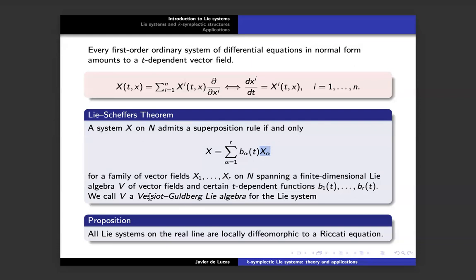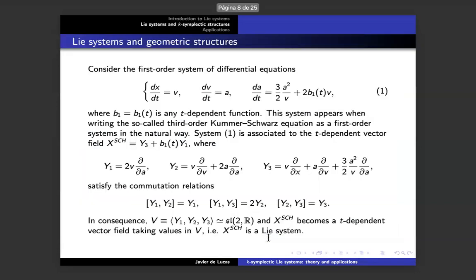This Lie algebra is normally called a Vessiot-Guldberg Lie algebra. And the main proposition due to Lie is that all the Lie systems on the real line are, at a generic point, locally diffeomorphic, I mean up to a change of variables, to Riccati equations. There are more details, but this is enough.